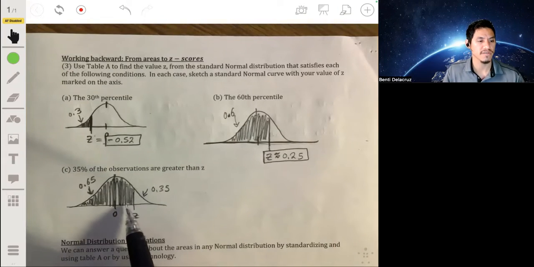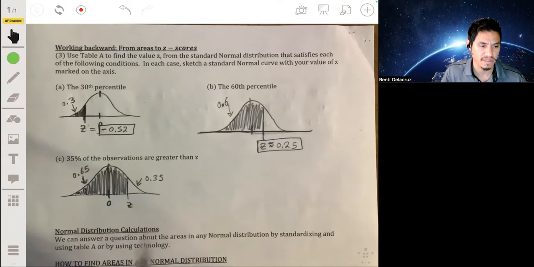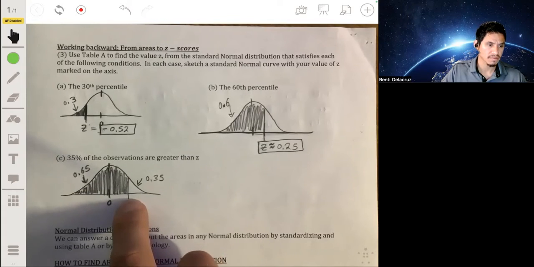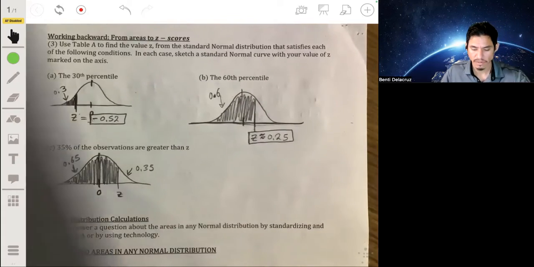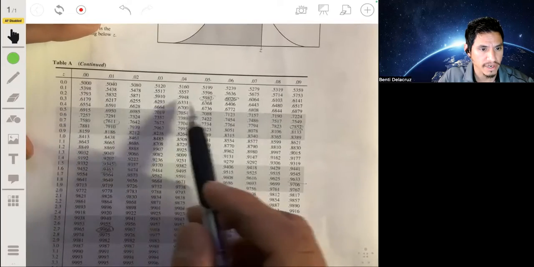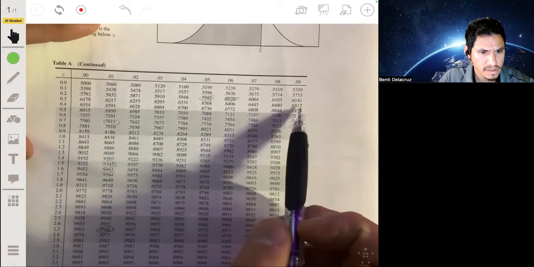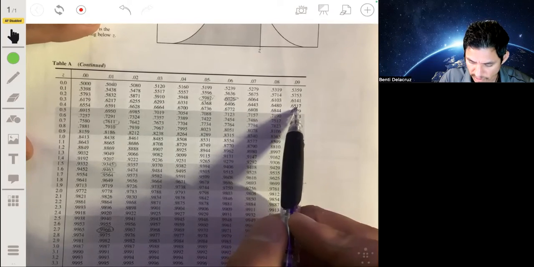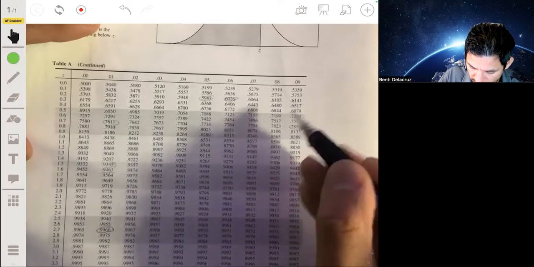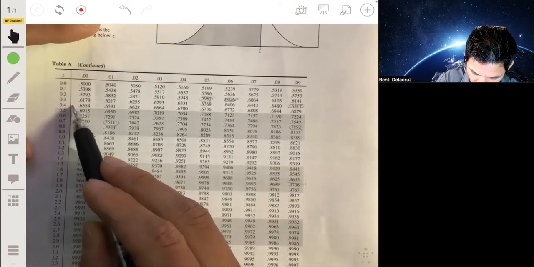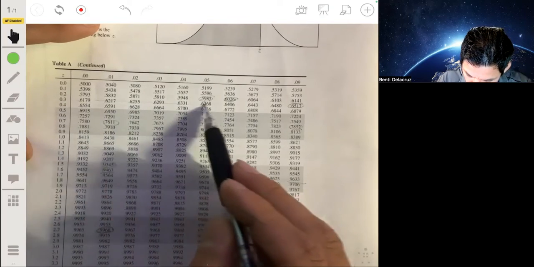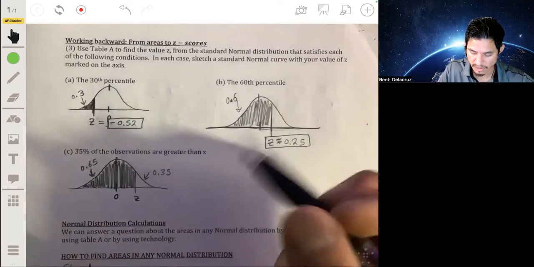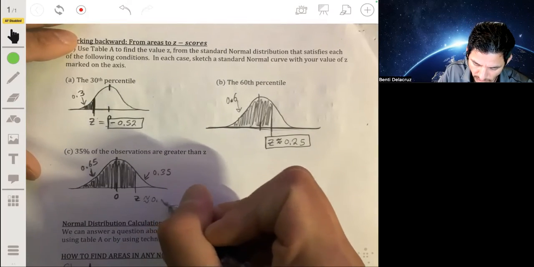So you're just looking for the z-value that has an area of 0.65 to the left. Again, we know our z-value is going to be positive since it's to the right of 0. So we go to our table and look for the area that's closest to 0.65. Looks like it's going to be over here, and the closest one will be this one, the 0.6517, which matches up with 0.39. So you can say our z-value is approximately 0.39.